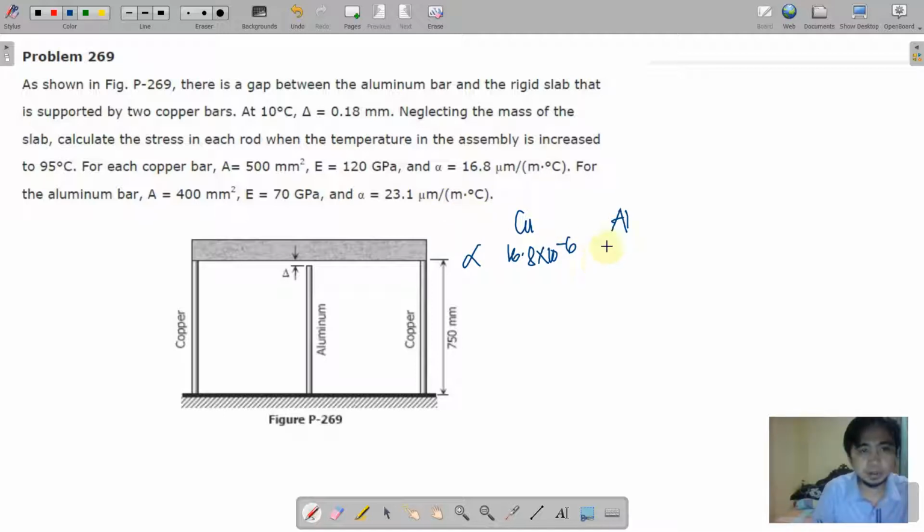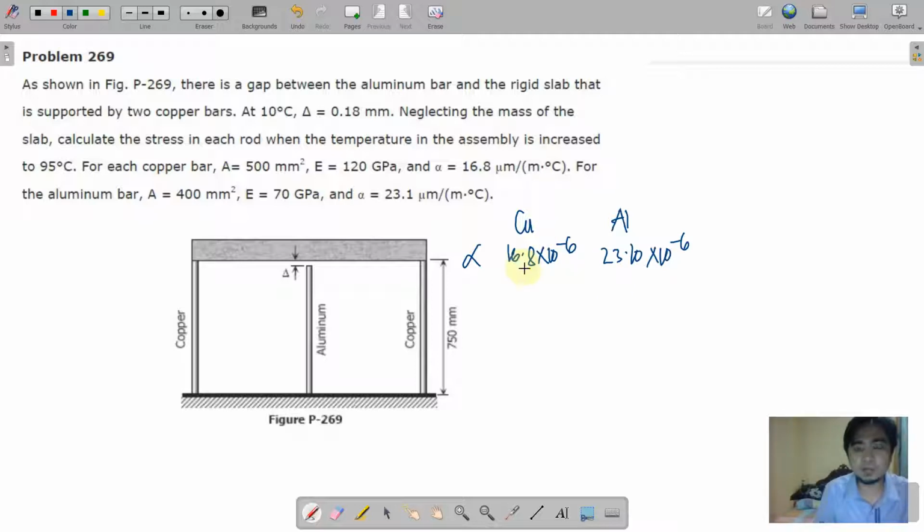For the aluminum bar, we have 23.1 times 10 raised to negative 6. Between the two, copper and aluminum, it is obvious that aluminum has a greater coefficient of thermal expansion, which implies that it will have more length to expand compared to the copper.